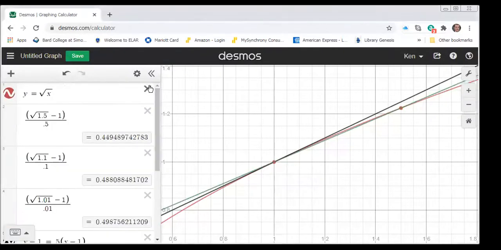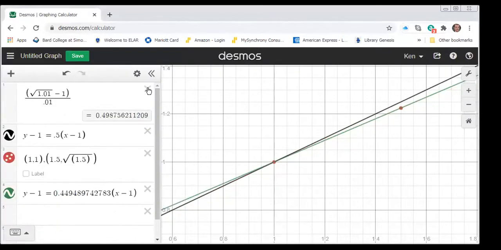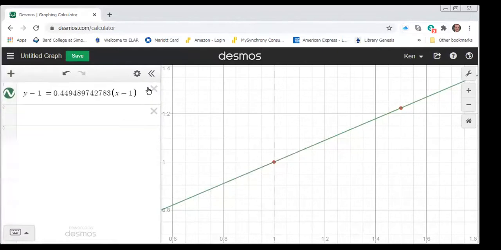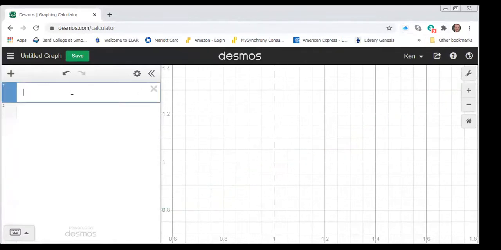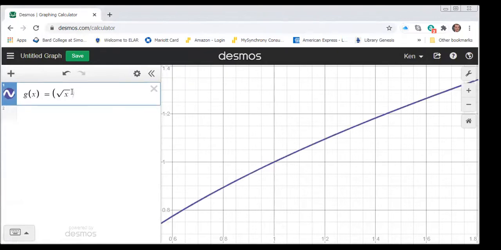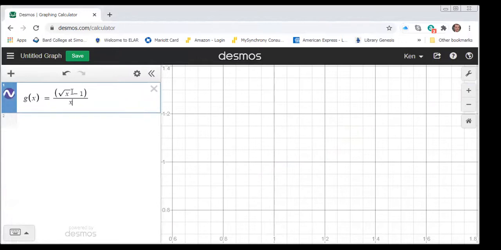So let's go back to our function g of x equals square root of x minus 1 divided by x minus 1.